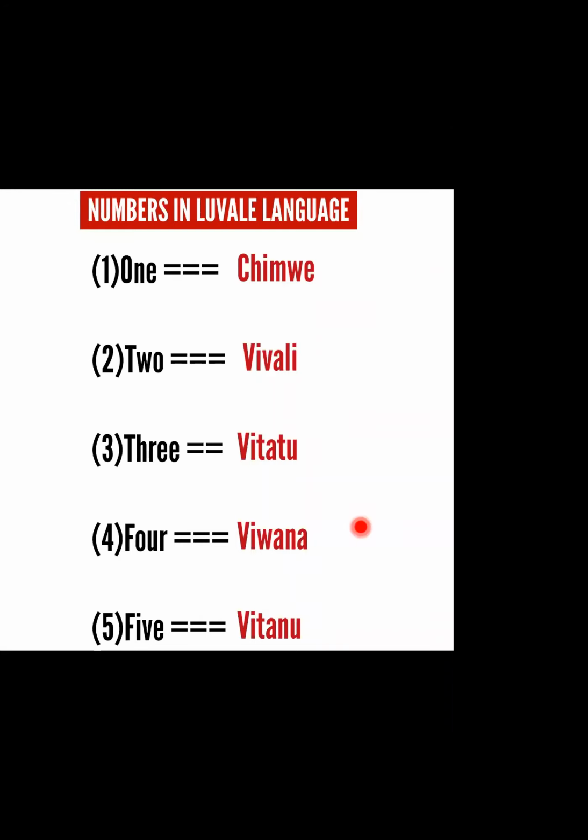Chimwe hacho means only one. You go to the market and say I want to buy just one thing, chimwe hacho, I've just bought one thing only. So chimwe is 1.